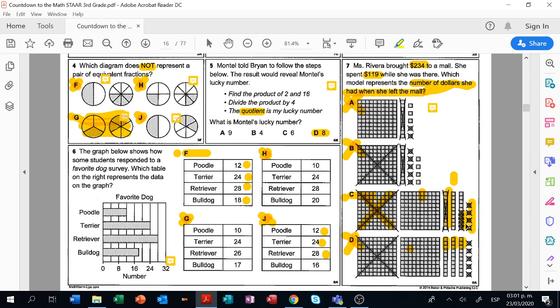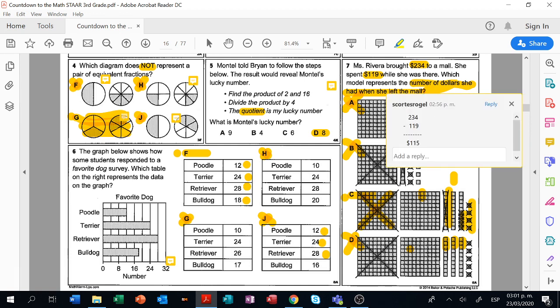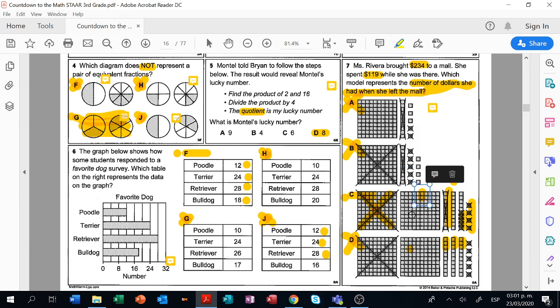So 100, 110, 1, 2, 3, 4, 5, 6, 7, 8, 9. 119 cross out. That is true. And then we need to find 115 that are not cross out. So letter C has them. 100 here, 110 right here, 111, 12, 13, 14, and 15. So we have found the answers there.